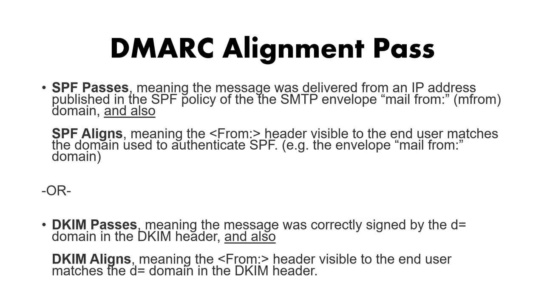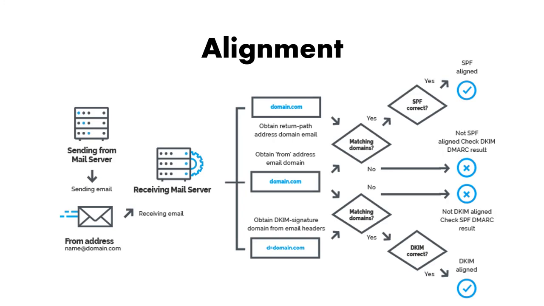Now going back to that alignment in more detail for DMARC: you're going to get that email from the mail server to the receiving server. It's then going to go to the domain, obtain that return path address domain, which is the SPF, right? It's then going to obtain the from address from the email you received, compare them, and if they match and the SPF is correct, then it is SPF aligned. On the other half, it's going to obtain that DKIM signature from the email headers, do all of that DKIM stuff, and pass or fail the DKIM.